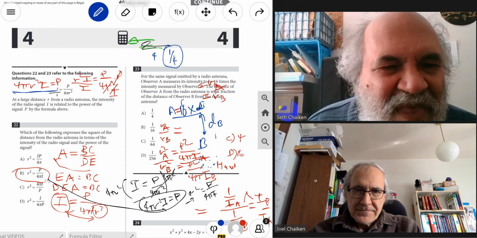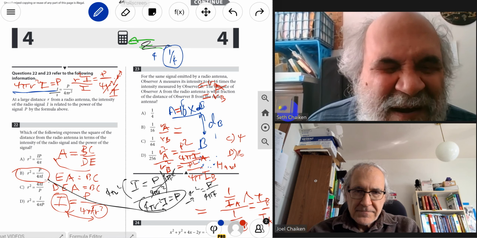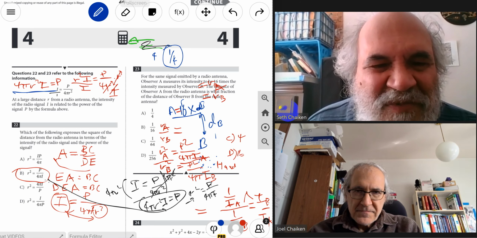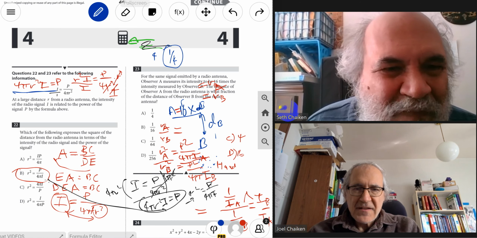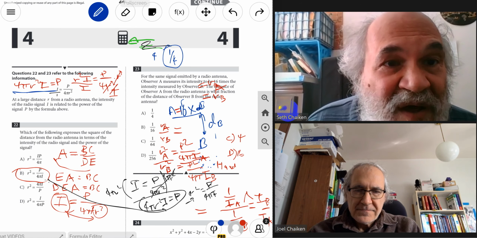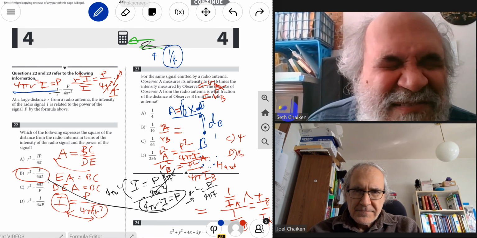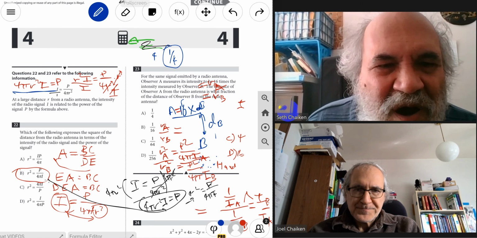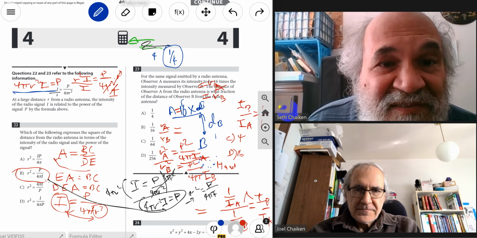And so the square of the answer equals IB divided by IA. Exactly. IA is 16 times bigger, so IB divided by IA equals 1/16.